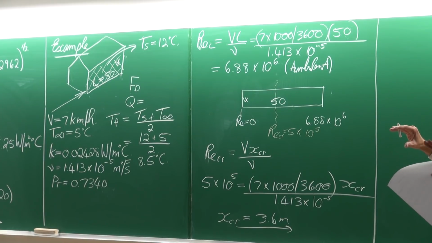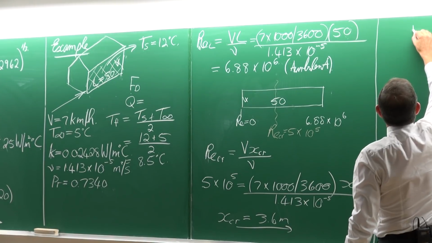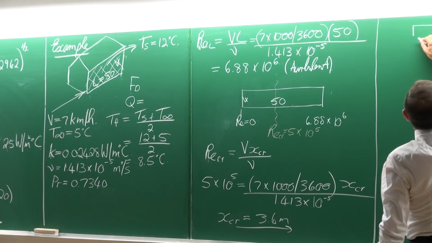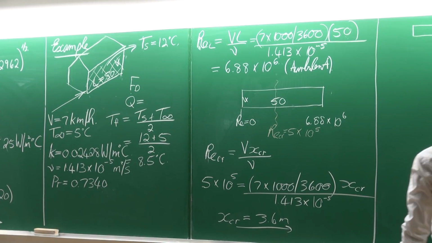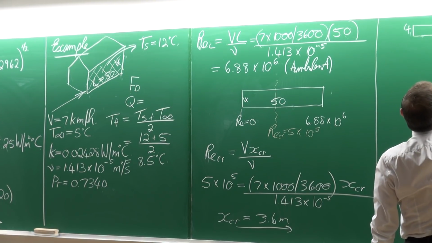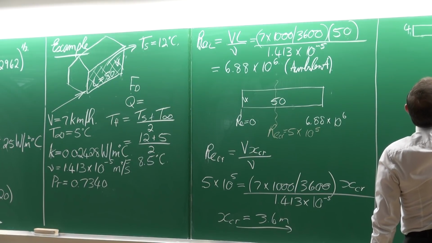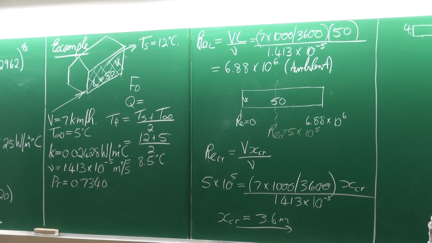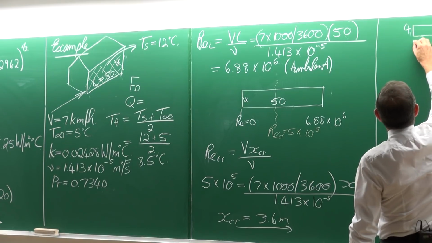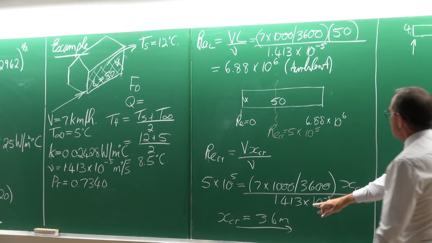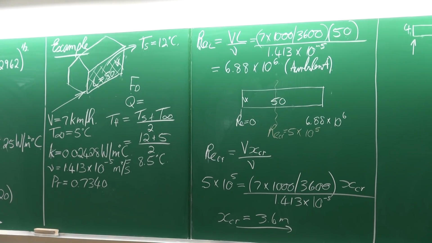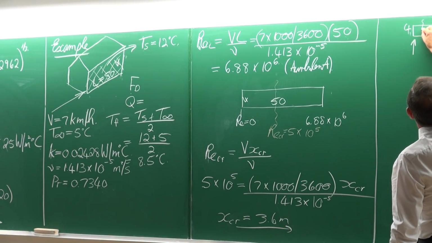So if we look at it in perspective, that is the wall of 4 meters by 50 meters. So that's 50 meters, that is 0, and 3.6 meters is approximately there.